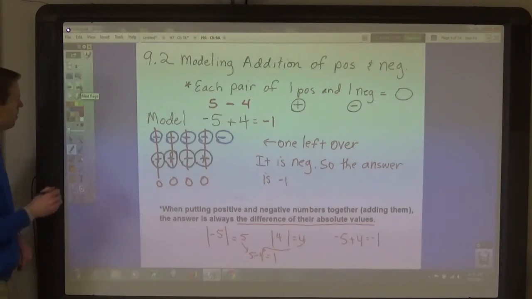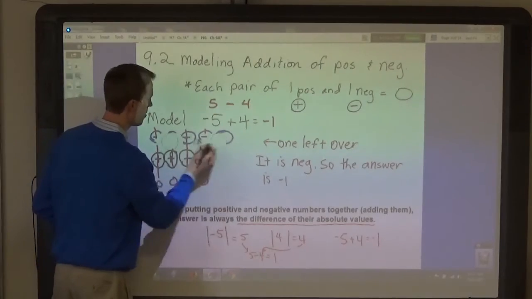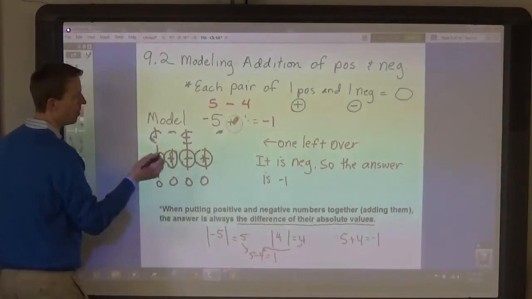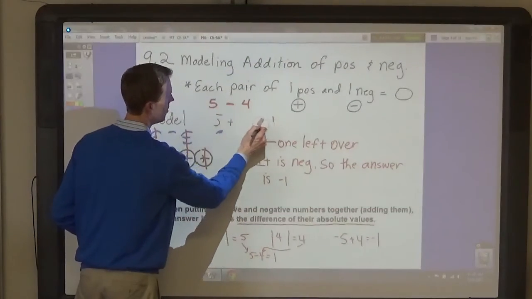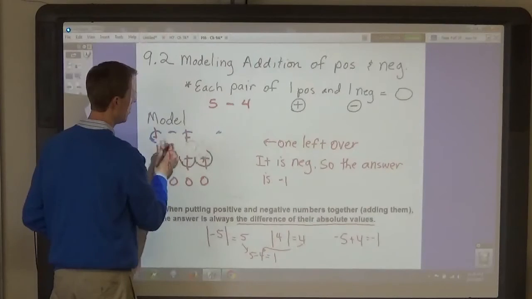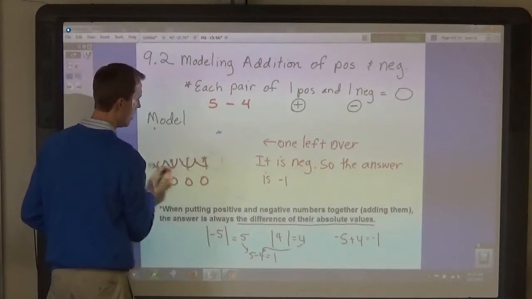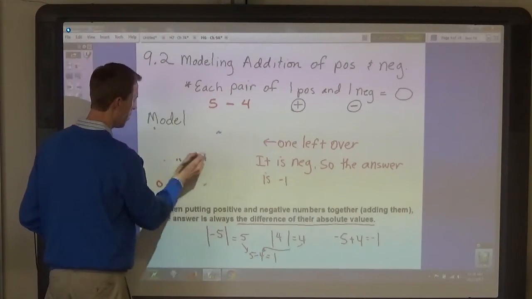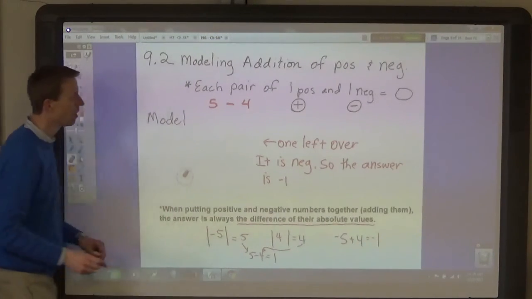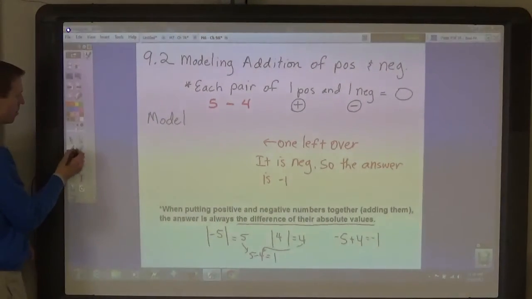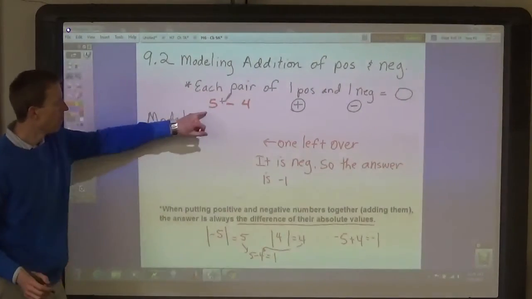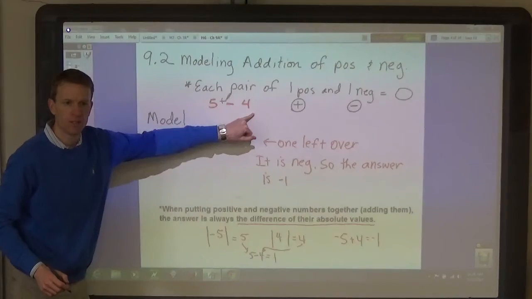Now, let me erase this. We're going to do these together. My computer will catch up. Here's what it looks like when you're modeling it. Okay? Let's say that you're starting with a number sentence like this: 5 plus negative 4.